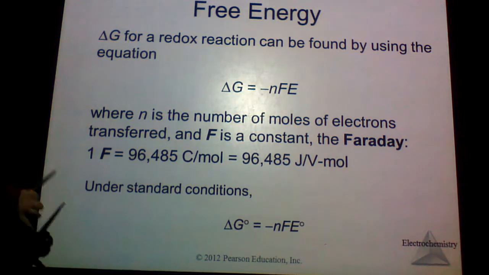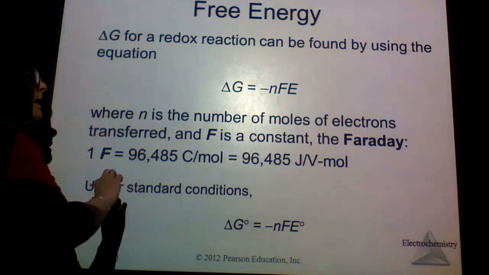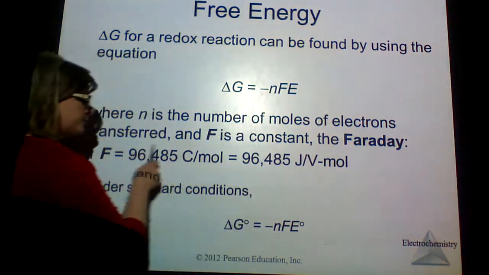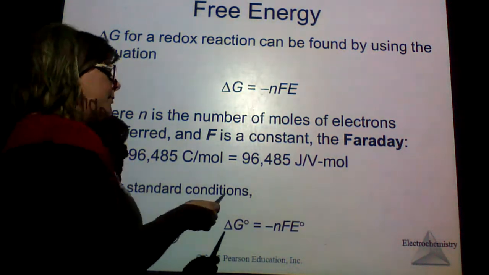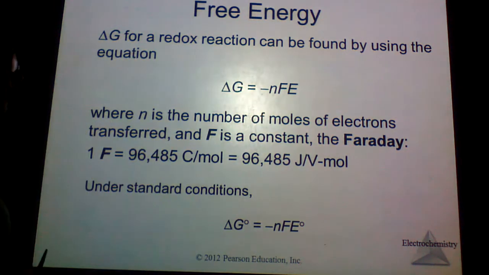F is simply a constant. It's called Faraday's constant because Faraday is who worked with these flows of electrons. So F is just Faraday's constant. It's given to you here. You will more than likely use the joules per mole.